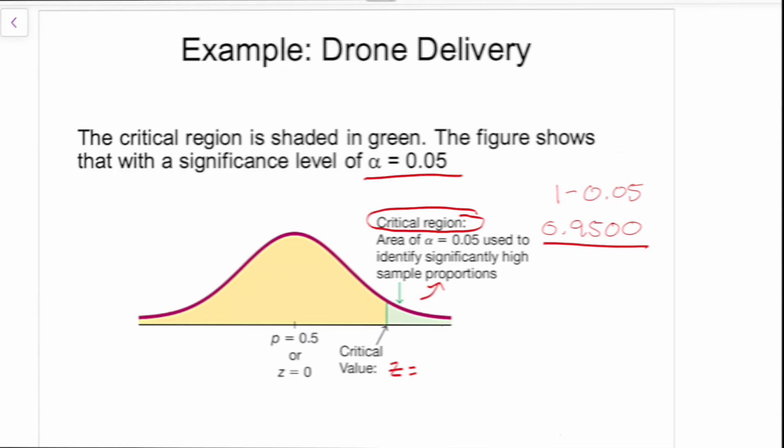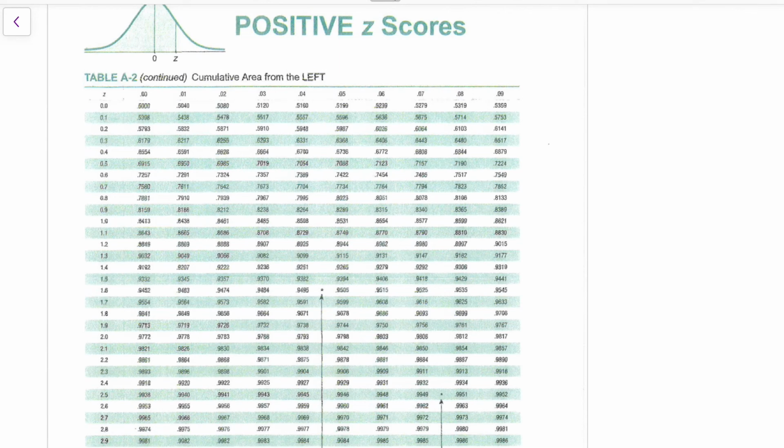That critical value that now has an area to the left of 0.95 will be our critical value. So let's take a look. I'm looking for an area to the left of 0.95. And here I see I have two values that are equally far apart from 0.95. I have 0.9495 and 0.9505. And again, we said if we had two values that were equidistant from our requested value, we would take the mean of them.